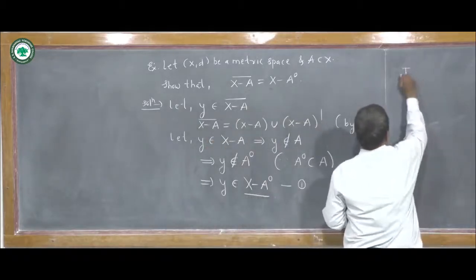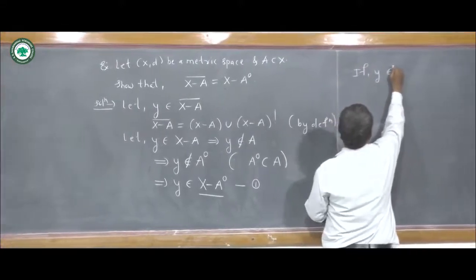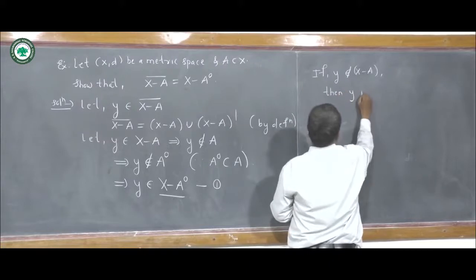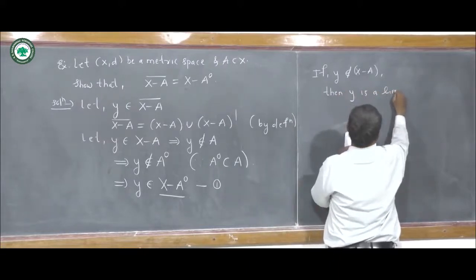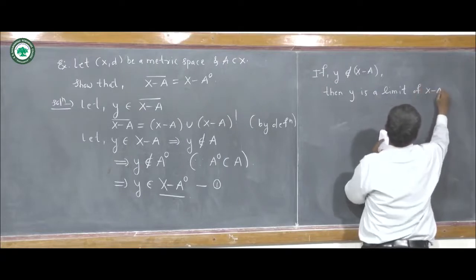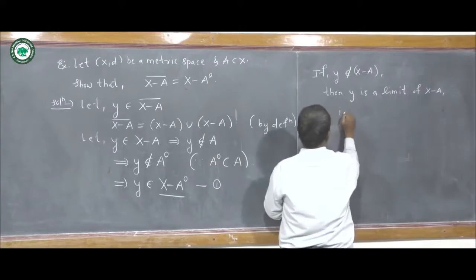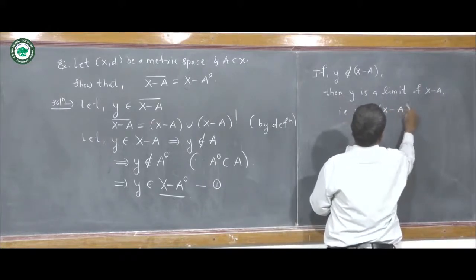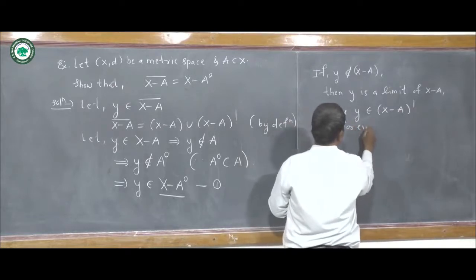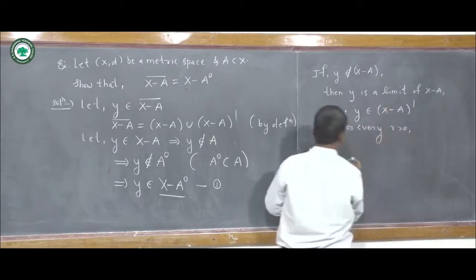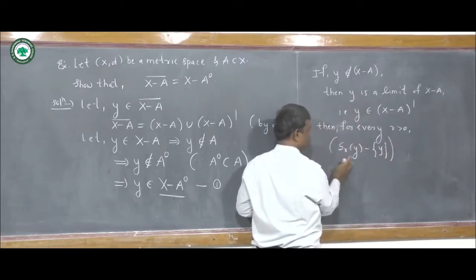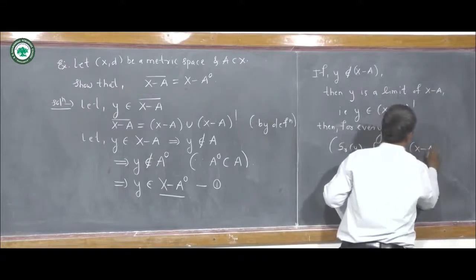Now if y does not belong to the complement of A, then y is a limit point of the complement of A, that is, y belongs to the set of limit points of the complement of A. Then for every r greater than 0, the intersection of the open sphere whose center is deleted with the complement of A is non-empty.